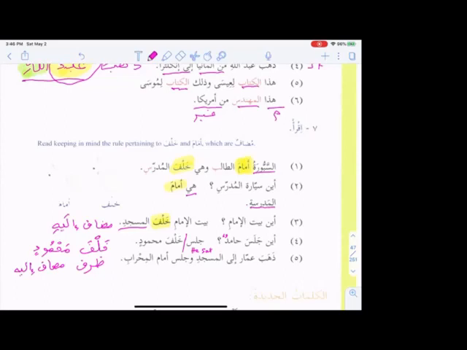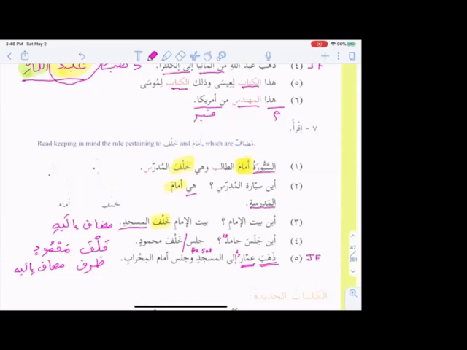Now, see, we have another sentence here. Jumla failia. Zahaba, mashallah. What is this? Ammarun. You'll always feel it that this is the fa'il and it is marfu.